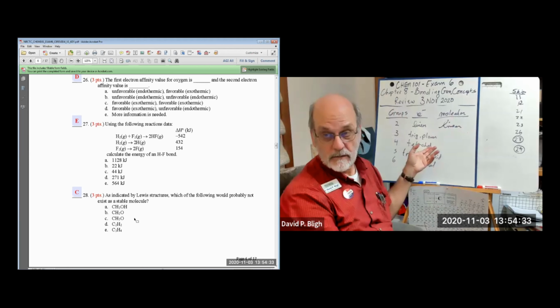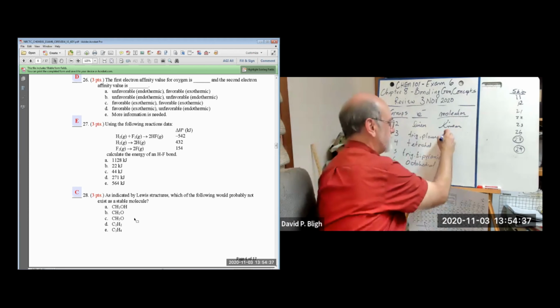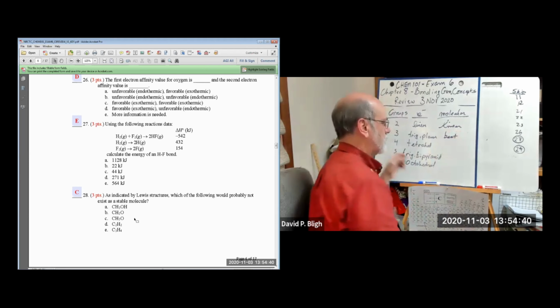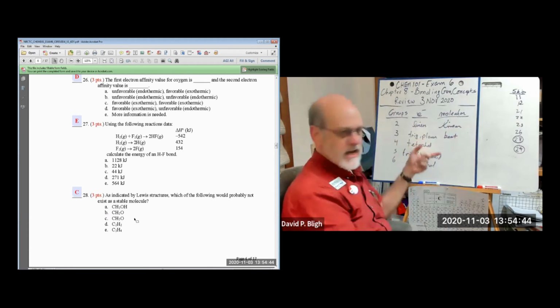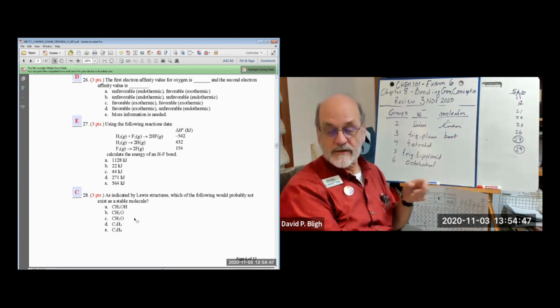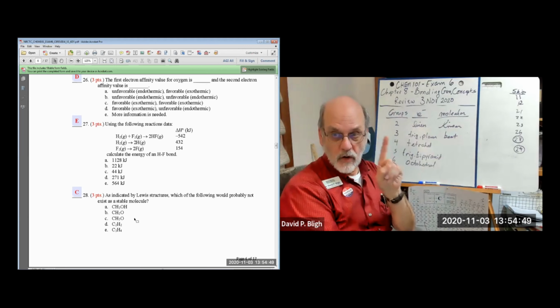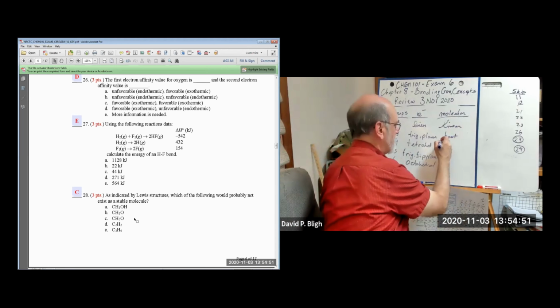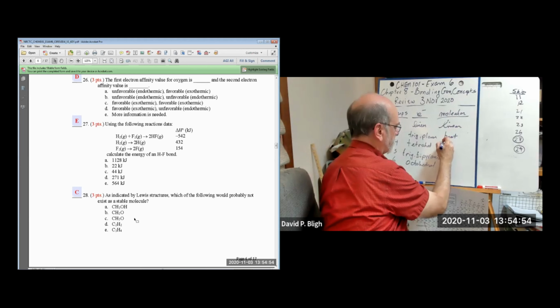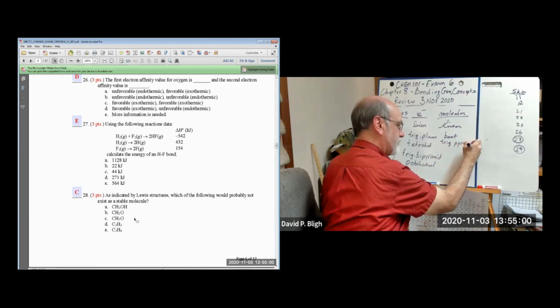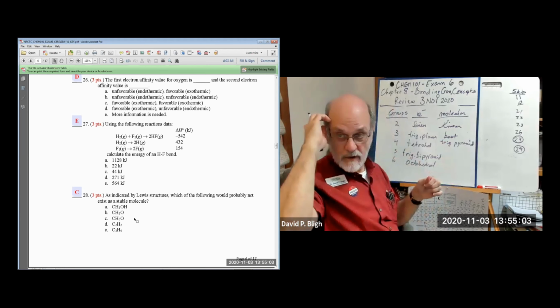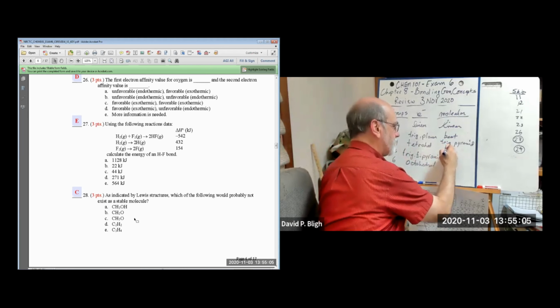Trigonal planar, if there's one lone pair, then it's bent. If there are 2 lone pairs, then it's linear, of course. Tetrahedral, if you have one lone pair, then it's trigonal pyramid. If it's 2 lone pairs, like water, then it's bent.